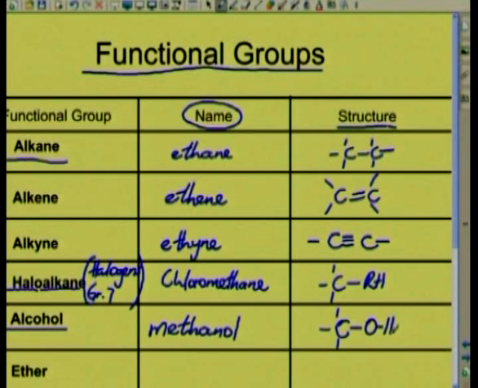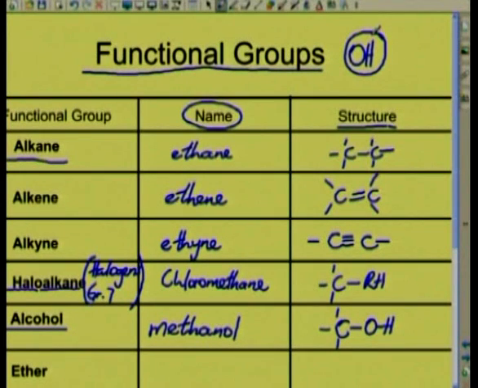But the OH group, we no longer write it as OH, all right? They penalize you if you write it like that in the exams these days. So what you need to do is to show that there is also a bond between oxygen and hydrogen. So you say O-H as well. So that OH is the functional group of alcohols. So when we have it like that, we have an alcohol.